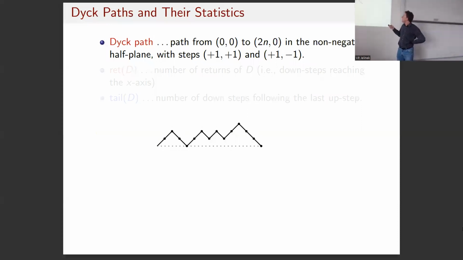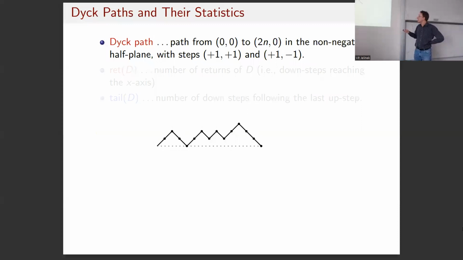A Dyck path is what you see here on the picture, a path which starts in the point 0, 0, let's suppose it's here, and goes all the way to the point 2n, 0, and it stays in the non-negative half plane, so it stays above this dotted line, possibly touching it, and it makes two types of steps.